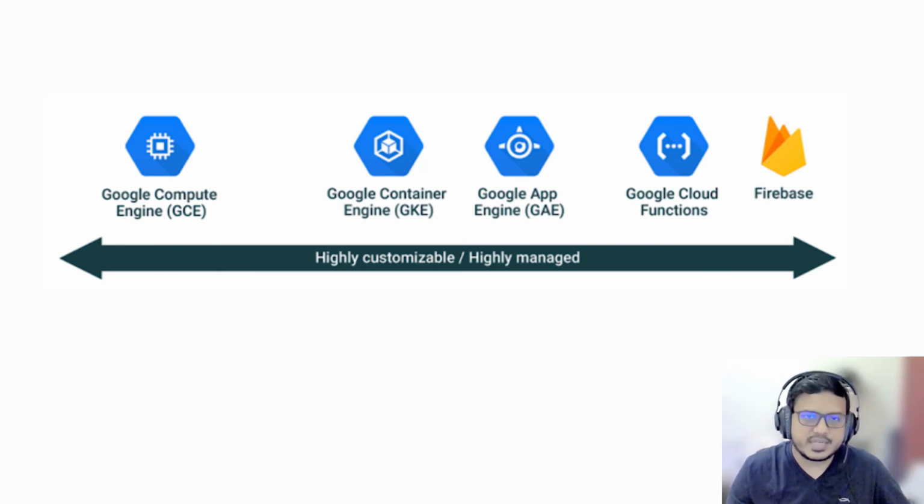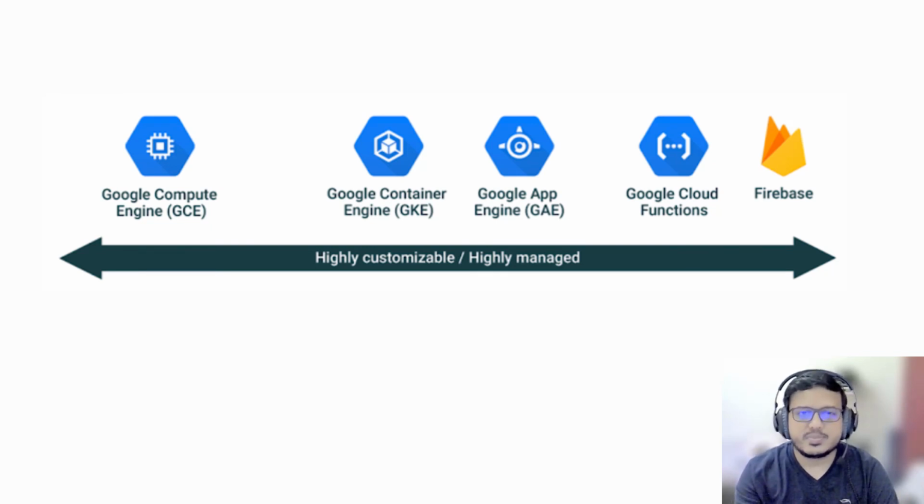So let's take it a step further and discuss more about Compute Engine, or GCE. Where do we store our virtual machine data? Basically, we store it in disks. Your data can be stored on persistent disks, on local SSDs, or in Cloud Storage.